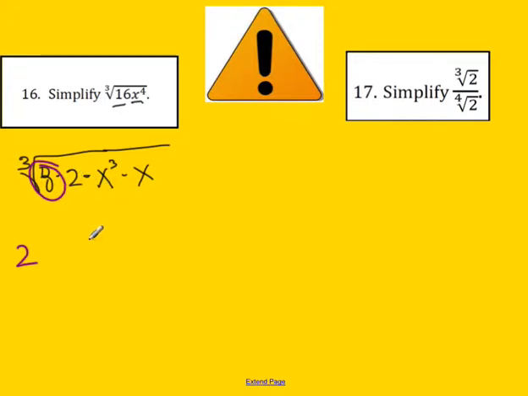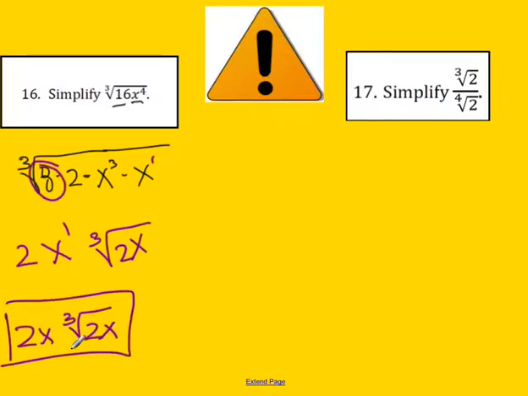And the cubed root of 2, I cannot do, so I'm going to leave it underneath the radical. And x to the third, all you have to do is take 3 divided by 3, that gives you x to the first. And x to the first is not evenly divisible, so I leave it under the radical. So to write this a little nicer, it would be 2x, then the cubed root of 2x.